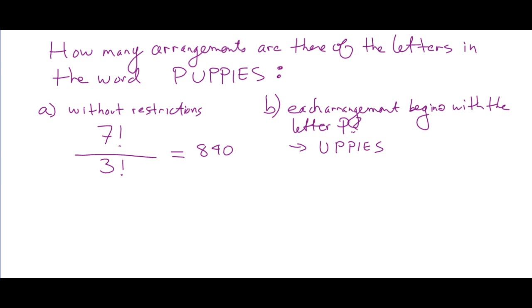Take one of the P's out of it, and I've got how many letters? 6. How many ways can I arrange 6 letters? 6 factorial. But how many of them repeat? It's going to be 6 factorial divided by 2 factorial, which is 60? No. 360?